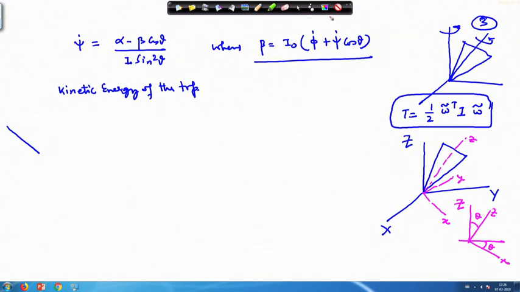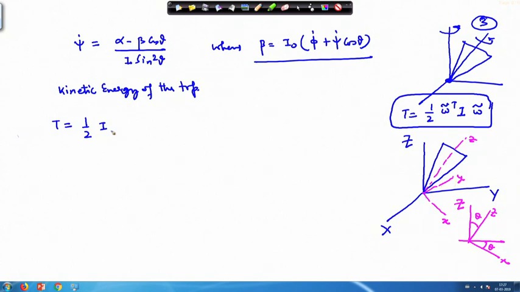So, the kinetic energy of the top we can write as T equal to 1 by 2 times the moment of inertia. Because it is rotating about this point, we need to take moment of inertia about this point. The axes are the axis of symmetry x, y and z.